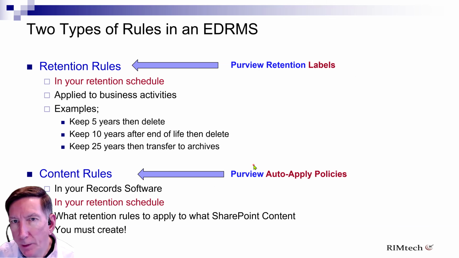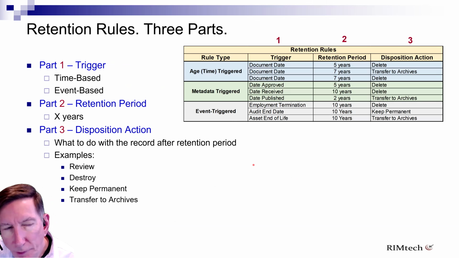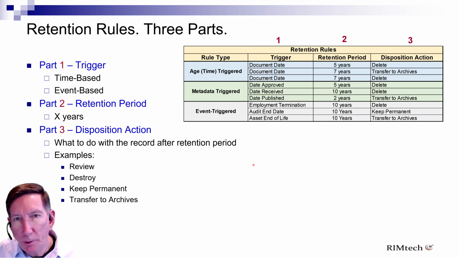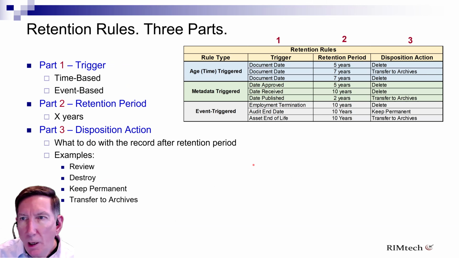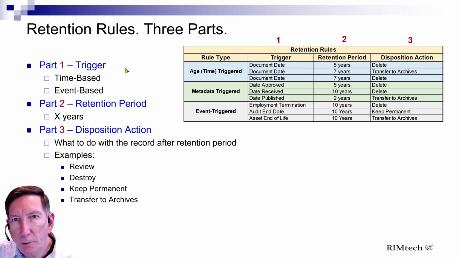Okay? So let's take a look at retention rules theory, and then we'll apply it to Purview labels, because a label in Purview is a retention rule. So all retention rules have three components: a trigger, a retention period, and a disposition action. The trigger is either time-based or event-based. Now, I'm leaving some additional capabilities out because I want to keep this simple.